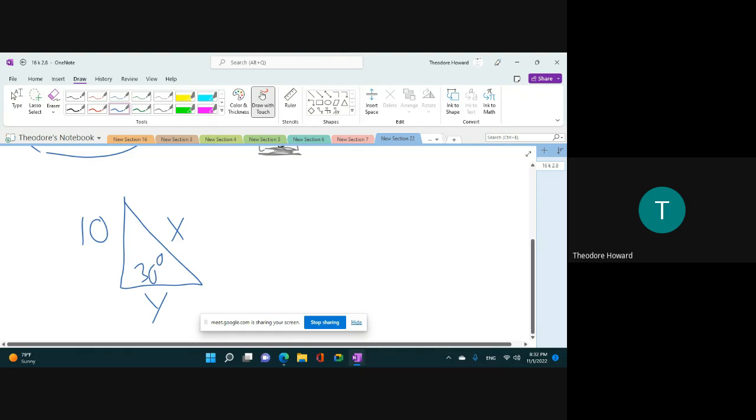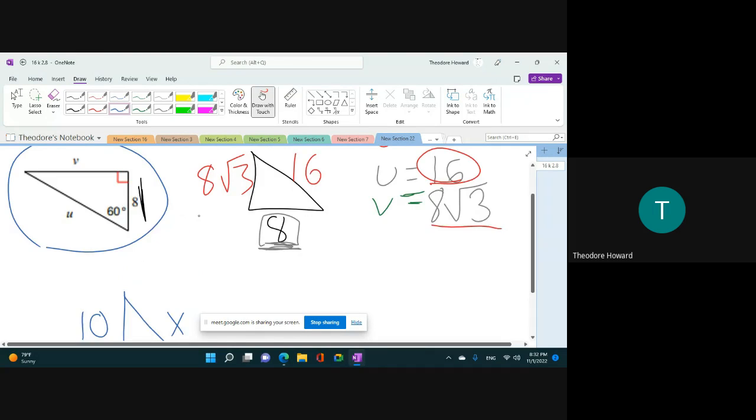So let's figure this one out. Ideally, when you get to 10 and it's on this side, what can you say about this side? Opposite. Yeah, it is the opposite leg, but let's go back to what we did here.